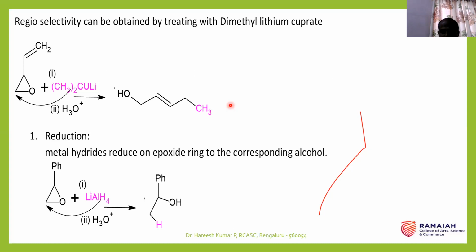Up to this point, we discussed that a three-membered ring with nitrogen is called aziridine, and a three-membered ring with oxygen is called oxirane. Since these are three-membered rings, there will be ring strain. Because of the ring strain, they try to convert into an open-chain structure when treated with acids, halogen acids. That is why ring opening reactions occur.